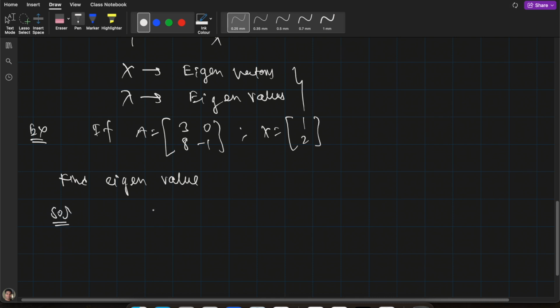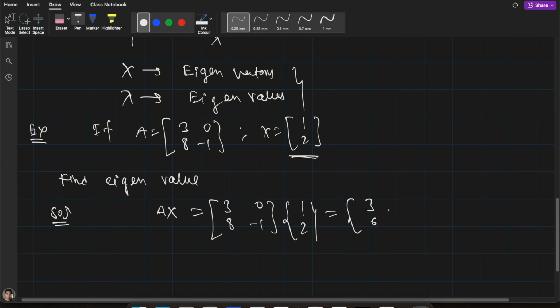So what I will do is find Ax, which is nothing but [3 0; 8 -1] times (1, 2). Since I have already been given the eigenvector, I just have to find the eigenvalue. So you will get (3, 6), and you can see that it is nothing but 3 times (1, 2).